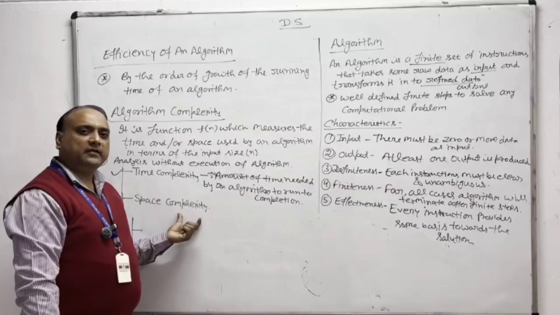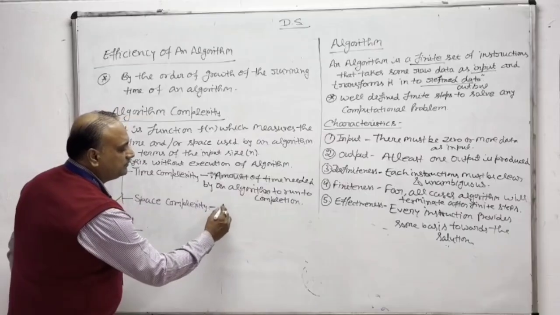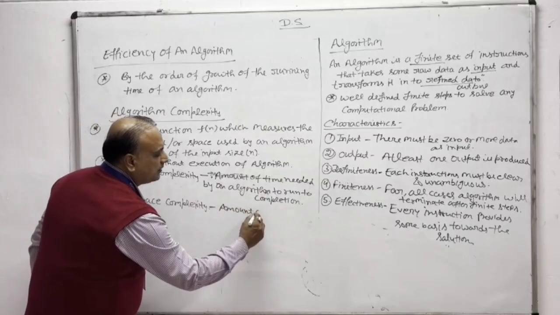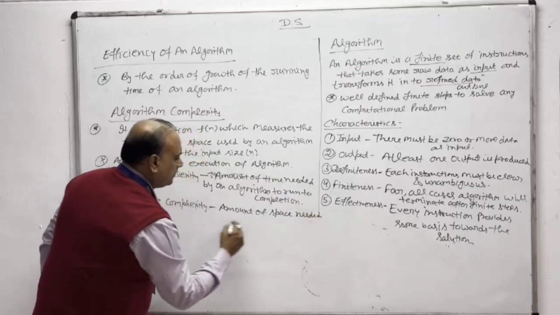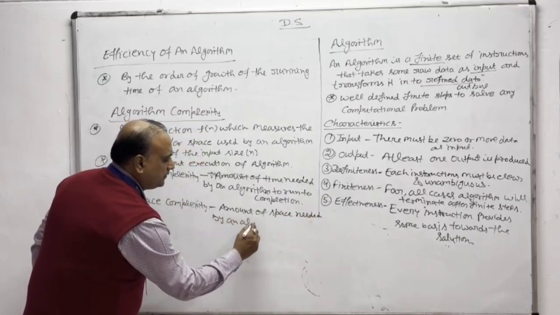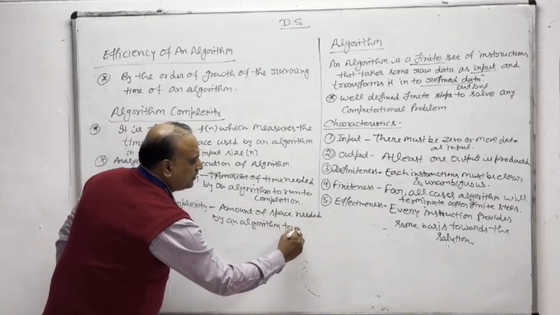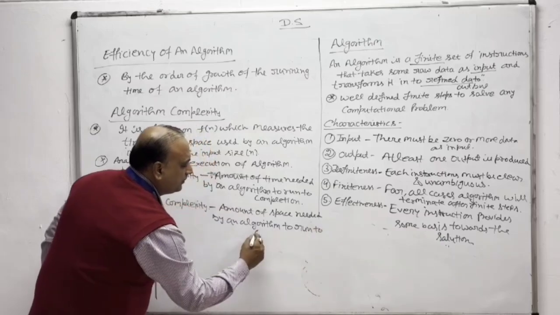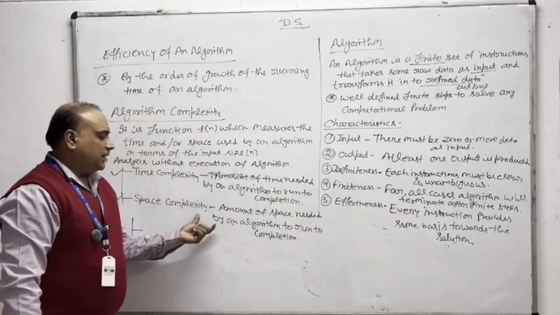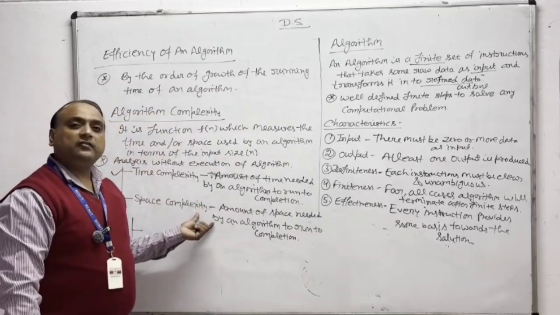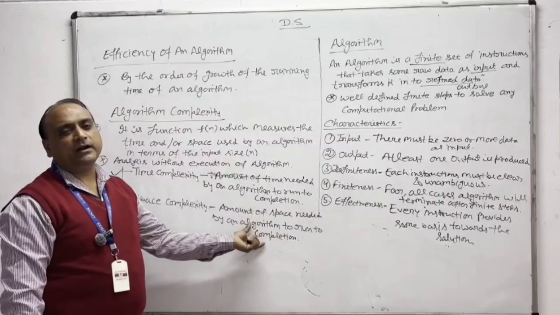Then next one is space complexity. In space complexity, it is the amount of space needed by an algorithm to run to completion. Here we can determine the total space occupied by the algorithm from variable declaration to giving the final result output.